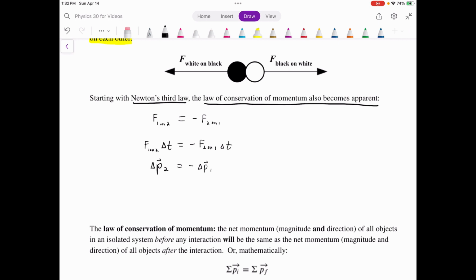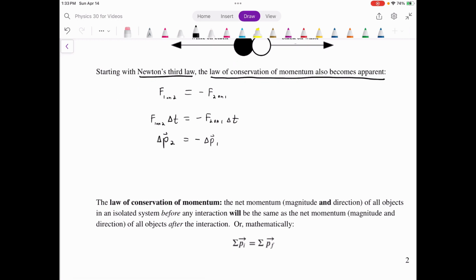Okay, now like we said, this is actually already very close to telling us the law of conservation of momentum. Object 2's momentum changes will be equal but opposite to how object 1's momentum changes, so that overall, those changes in momentum actually cancel each other out and give us no change in momentum. In other words, momentum is conserved.